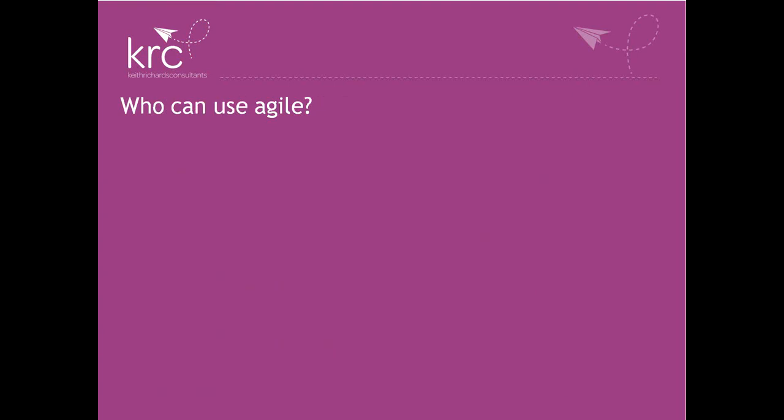So who can actually use Agile? Well, short answer is anybody can, but we need to be clear about some facts that are out there in the marketplace, and that is that currently it's just about all software. But this is changing with the advent of APMG moving into the accreditation of Agile project management.